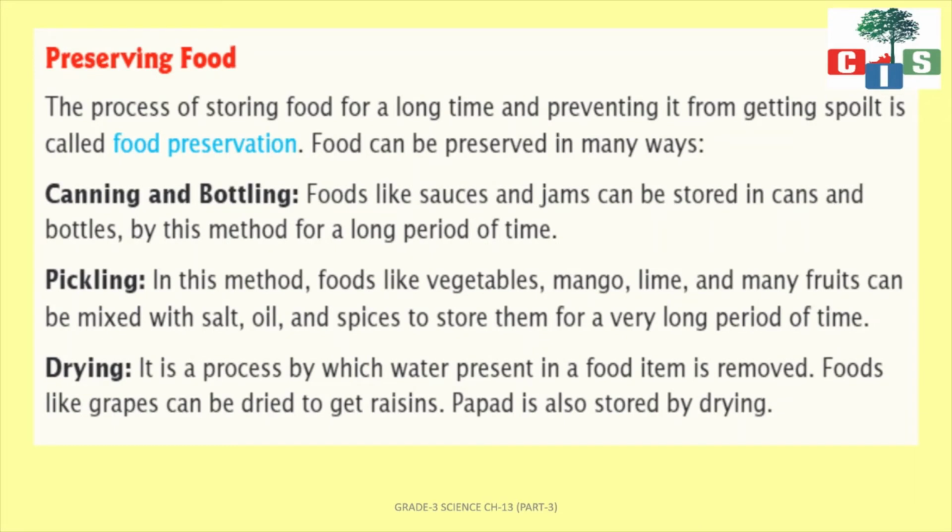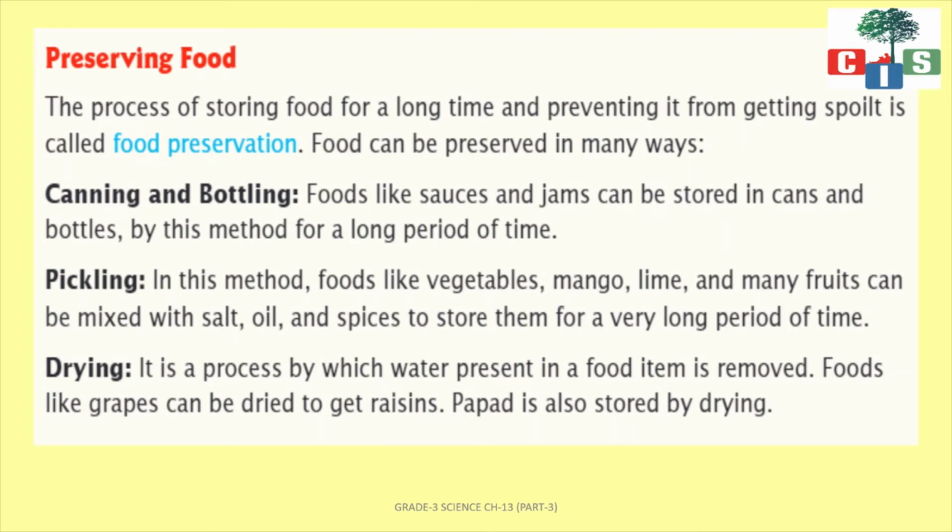Now, how can we preserve this food? Let us see. The process of storing food for a long time and preserving it from getting spoiled is called food preservation. It means we have to store the food for a long period of time without letting it get spoiled. So first is canning and bottling.